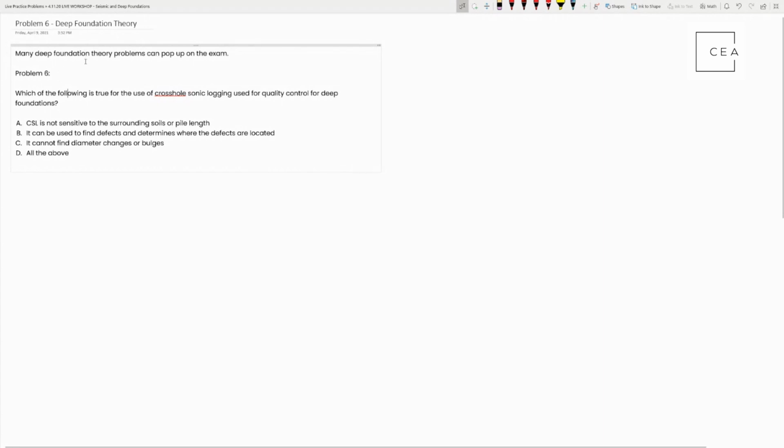Which of the following is true for the use of cross-hole sonic logging used for quality control for deep foundations? How many of you out there have heard of cross-hole sonic logging? I don't know if many people have, but this basically falls under dynamic pile testing. It's actually a non-destructive test for quality control.